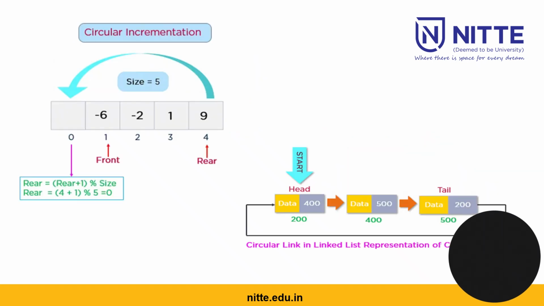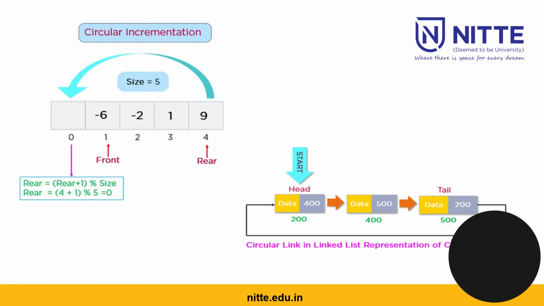Now we have to implement this circular queue: how to increment. Here size is equal to 5, and here 1 2 3 4 5. Rear is currently pointing to 4 and front is pointing toward -6, but this is empty.